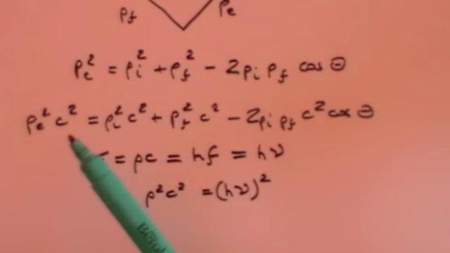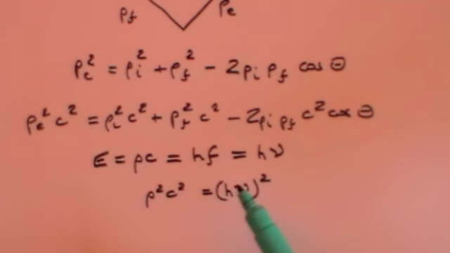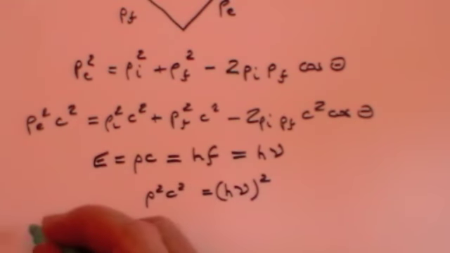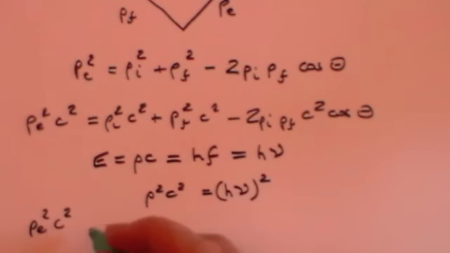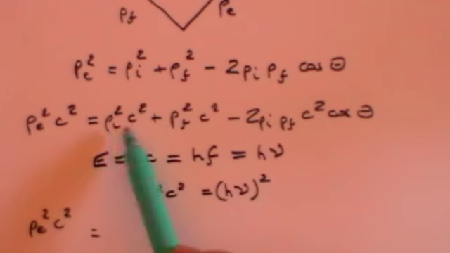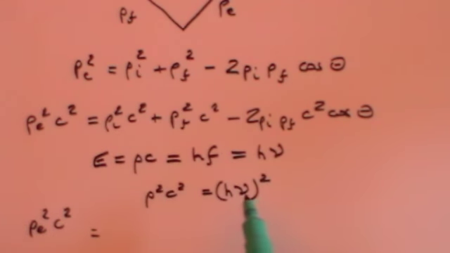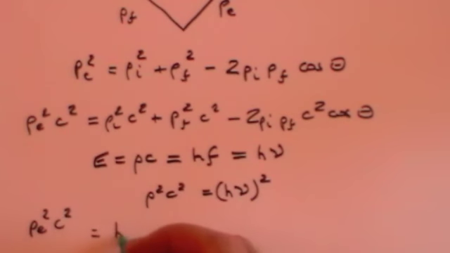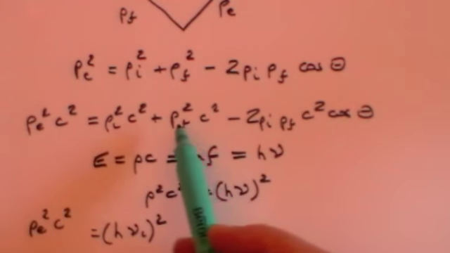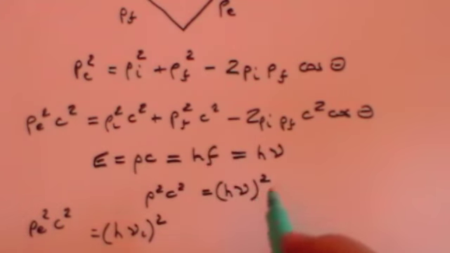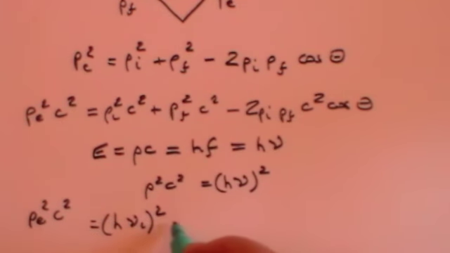It won't apply for the electron, but it does apply for the photons. Consequently, that term stays the same because that's the electron term, the momentum of the electron squared times c squared. PI squared c squared is now going to be (h nu I) all squared. PF squared times c squared is going to be (h nu f) all squared.